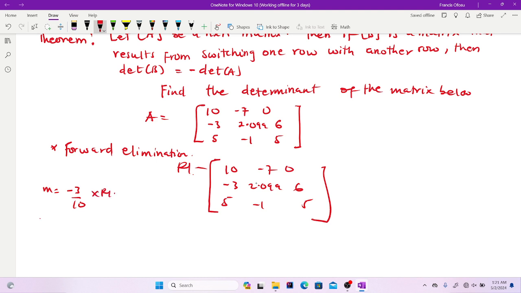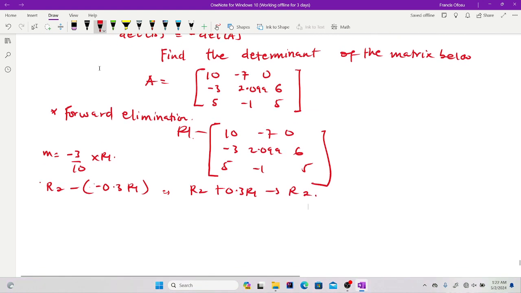Then the row operation is simply row 2, minus, this becomes negative 0.3, so minus open bracket, negative 0.3 R1. This is the same as R2 plus 0.3 R1 going into row 2.